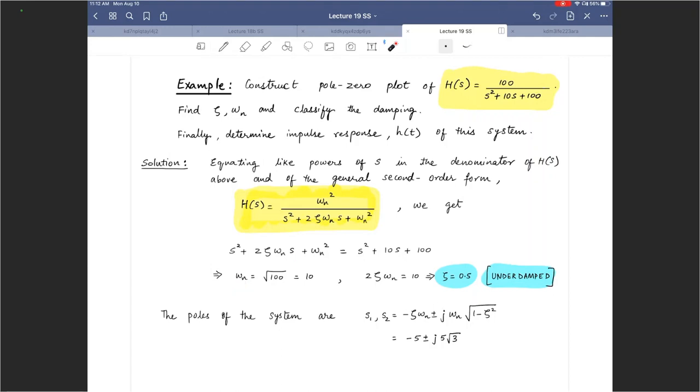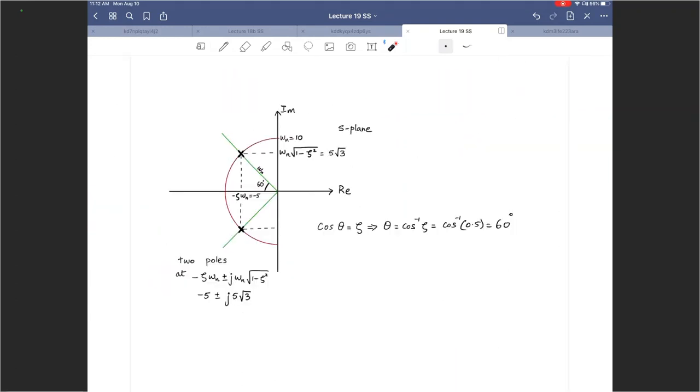So those oscillations are going to happen at the damped frequency, not the natural frequency. All right, so let's take a look. Because we know the two poles from earlier, we can plot them on the s-plane. Minus 5 is the real part, which is negative zeta omega n, plus or minus j5 square root 3. That's going to be your damped frequency there.